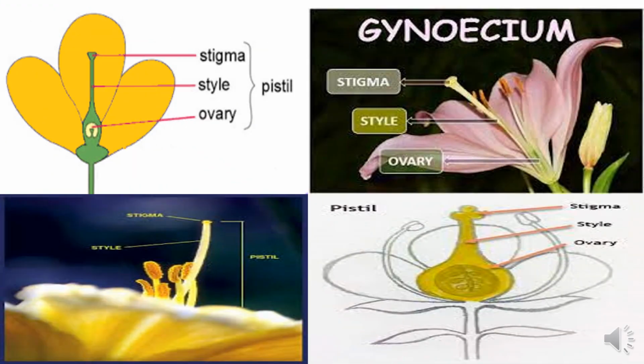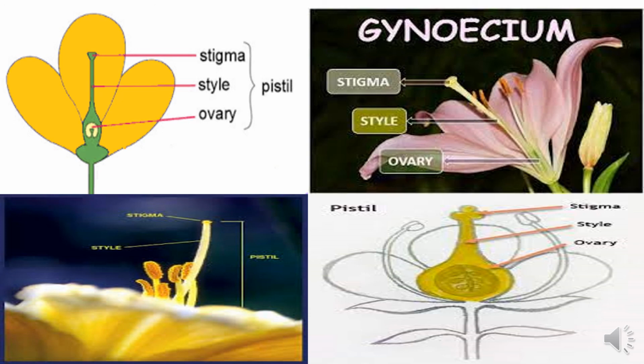Different pistils are present in the different types of flowers: style, stigma and ovary. Stigma is the sticky part, style is the middle part, and ovary is the last swollen part of the female reproductive system, that is the pistil.